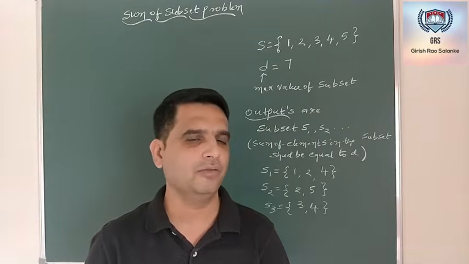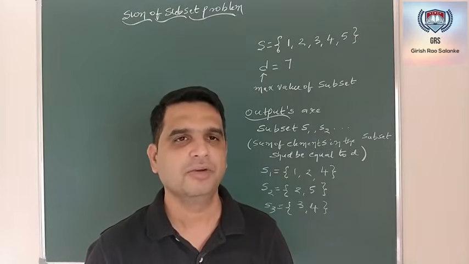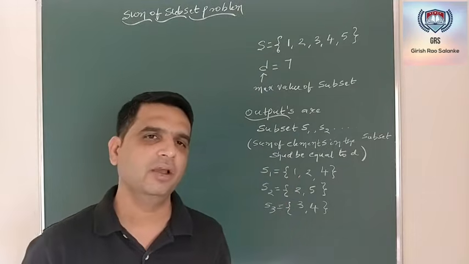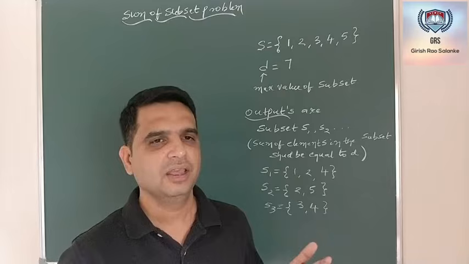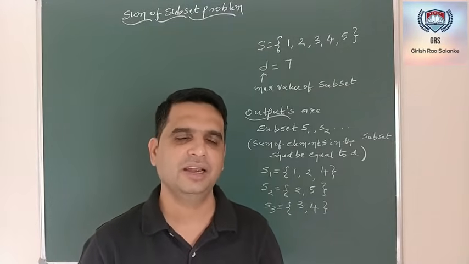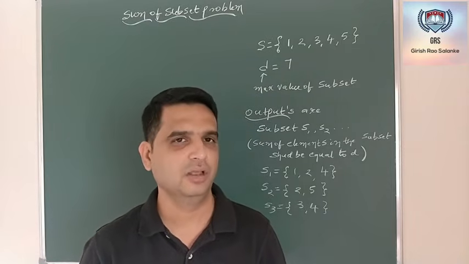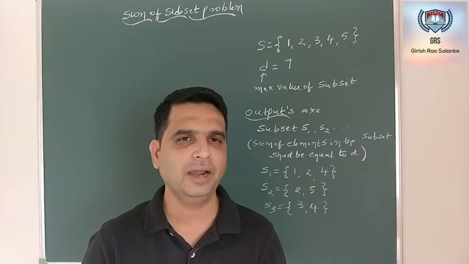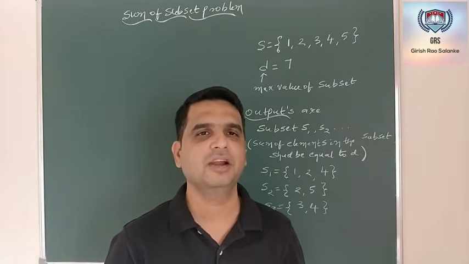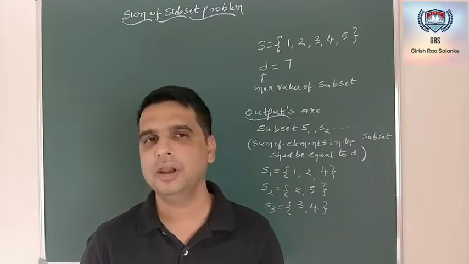But in backtracking, the advantage over the greedy technique is that even if we take a decision and further feel that that particular decision is not going to give me a feasible solution, then we can backtrack and continue further. This is the advantage of backtracking over greedy.